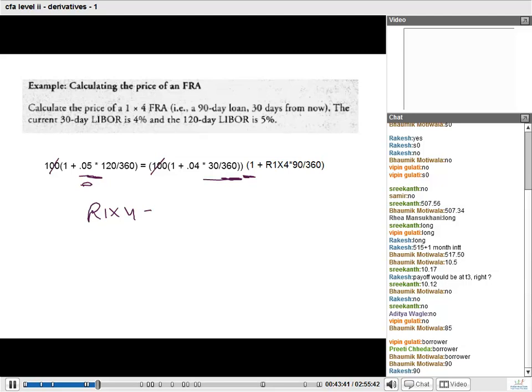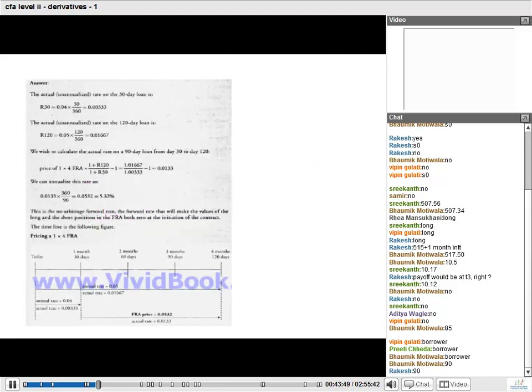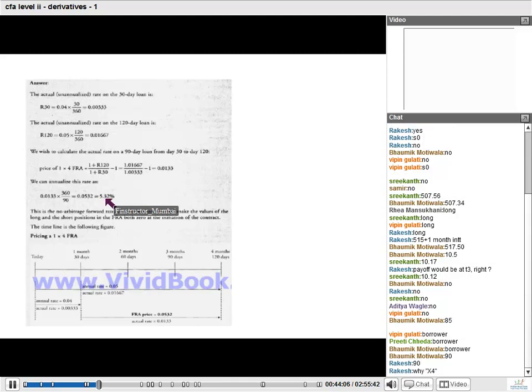So the value of R1 into 4 can be computed. It will come out to be 1.33 multiplied by 4, 5.32%. So if you solve that equation, it will be 5.32%.